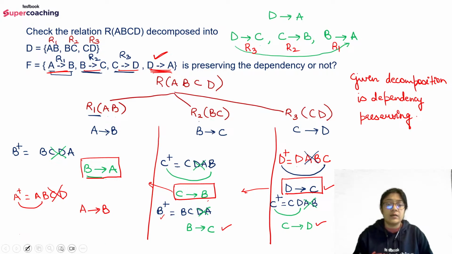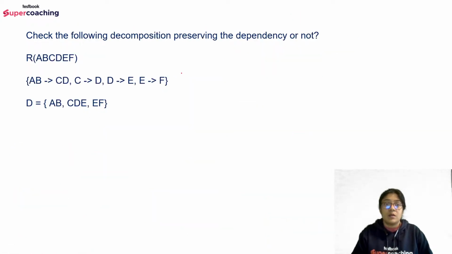If it is clear, then let's take one or two more questions for the practice. Check the following decomposition is preserving the dependency or not. Relation R is given to you, which is decomposed into three subrelations R1, R2, and R3.